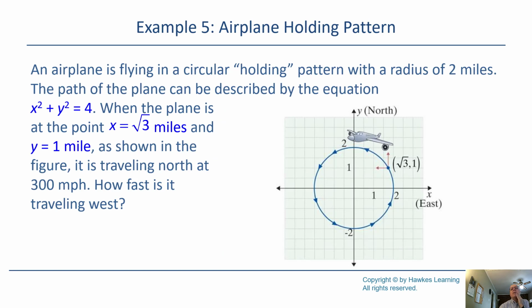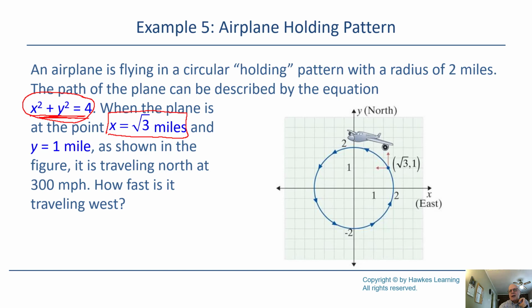Next, let's look at an airplane flying in a circular holding pattern. They give us the equation of the path of the airplane, and there's a particular place we're interested in for the plane. And the plane is at square root of 3 miles. Sorry about that, it's about 1.732, but this makes it a little bit easier.